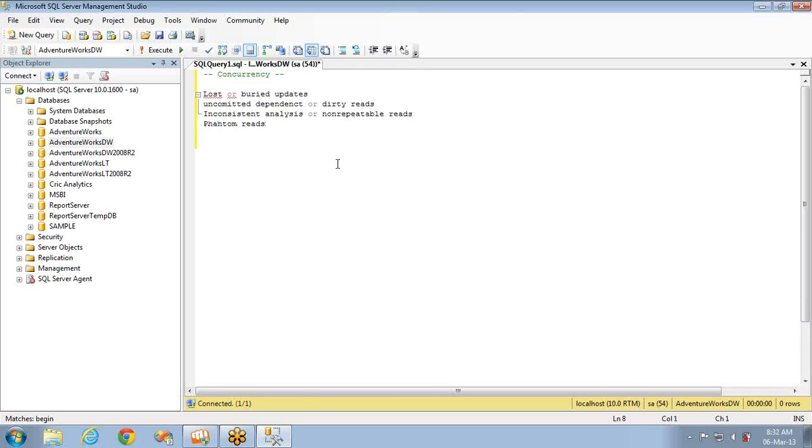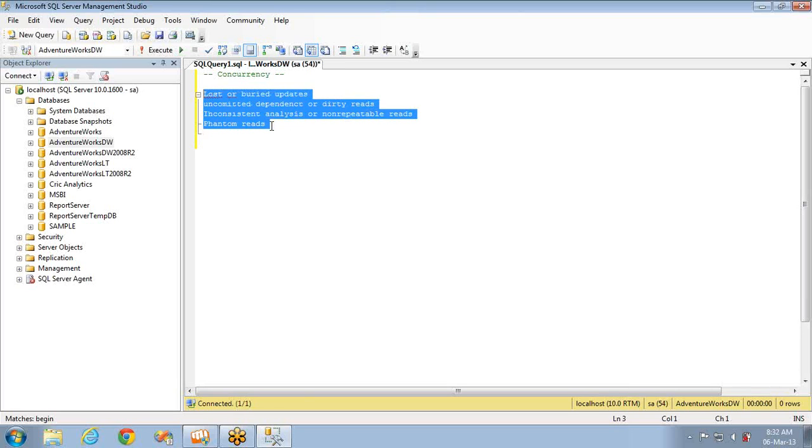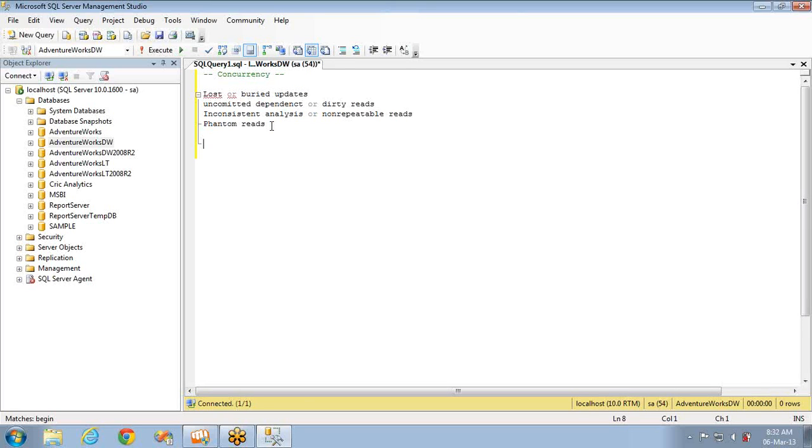So don't think that these are the properties of SQL Server. These are the problems we are going to face if concurrency is in the picture and no security measures have been taken care of. So when 2 to 3 resources are trying to access the same data at the same time, the chances of these errors occurring are pretty high.